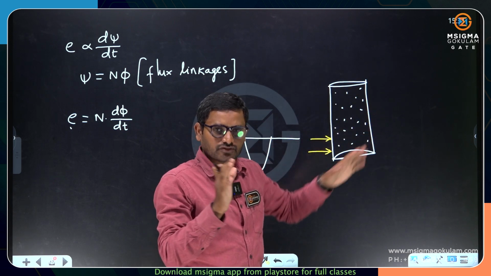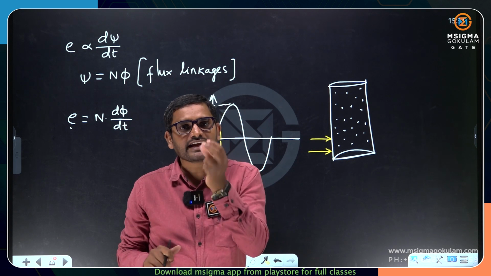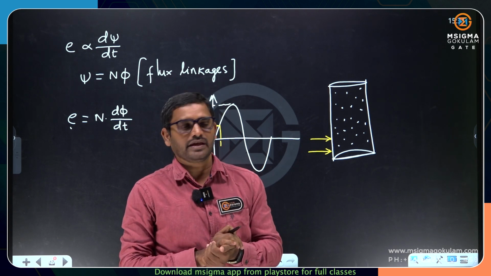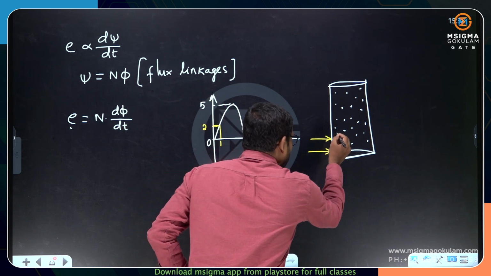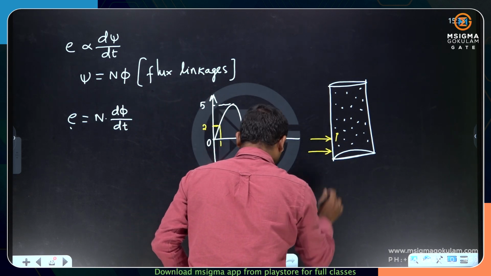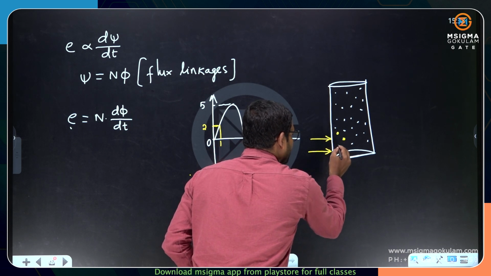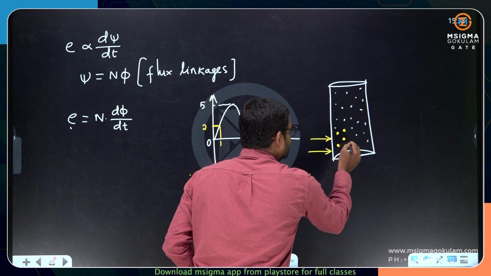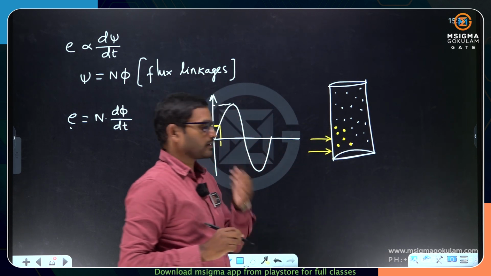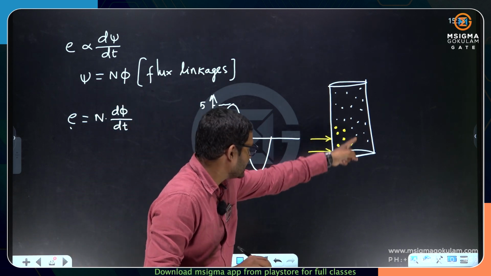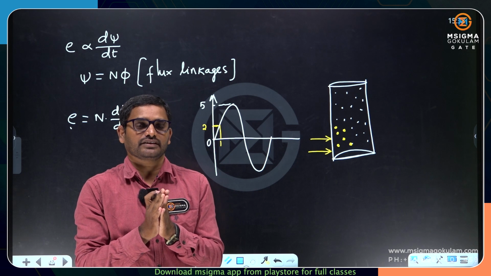Out of so many crores of electrons, these two flux lines will act on only a few, maybe 2000 electrons, let us assume. So a group of 2000 electrons can be energized. I'm just saying this group is around 2000 electrons.